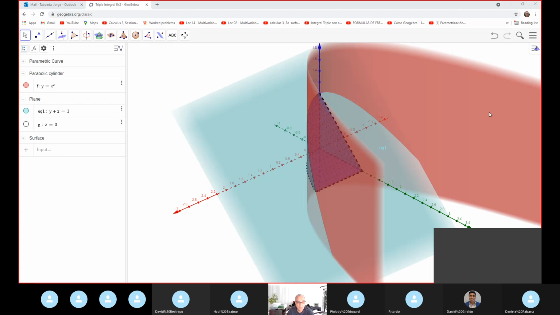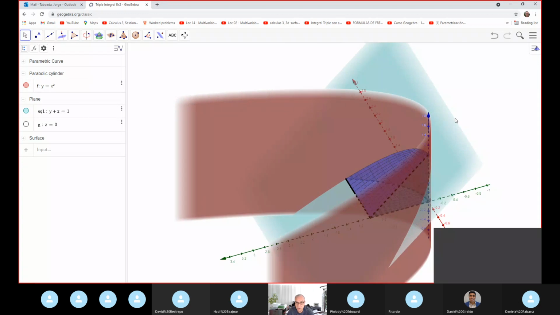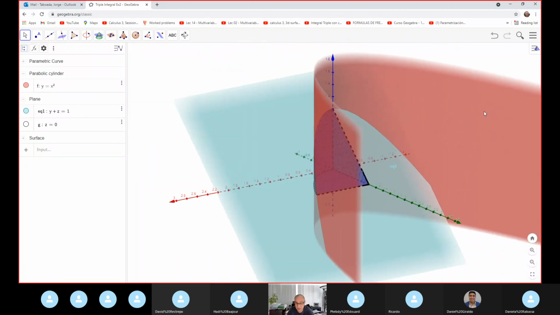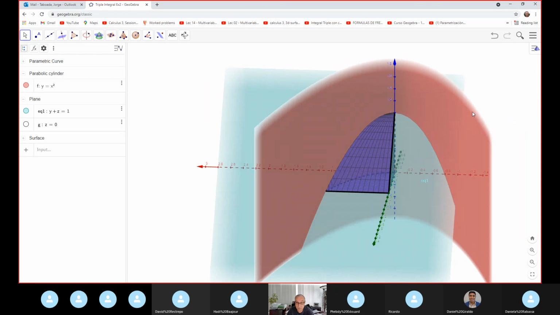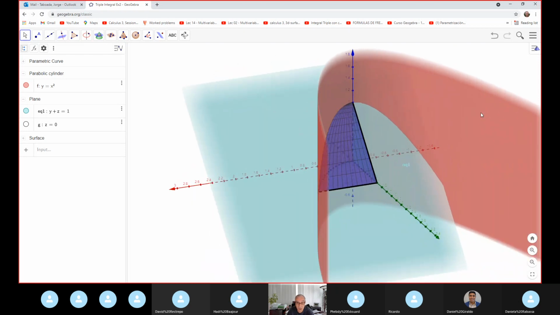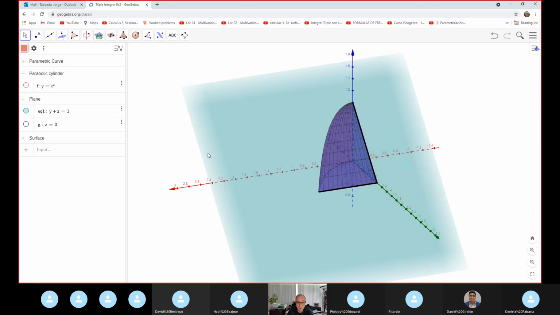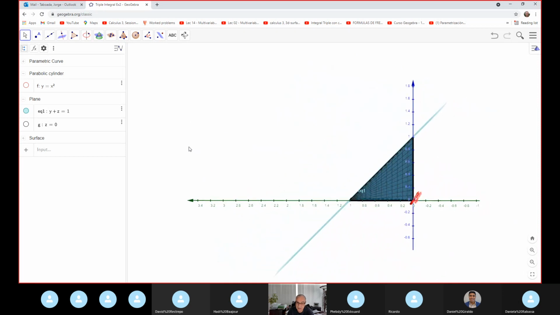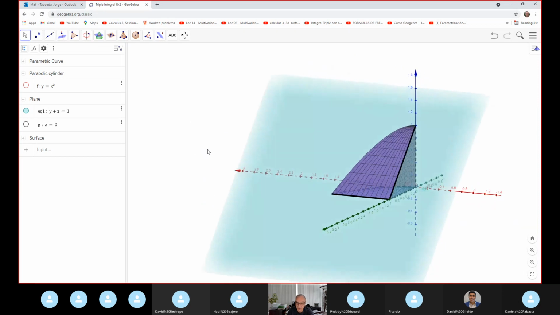Good. Okay, first of all, we have the famous parabolic cylinder, no? Que es the red one. And you have a famous plane. Okay, let me remove the cylinder. Boom, no more cylinder. And this is the plane que represent like the roof of this solid.